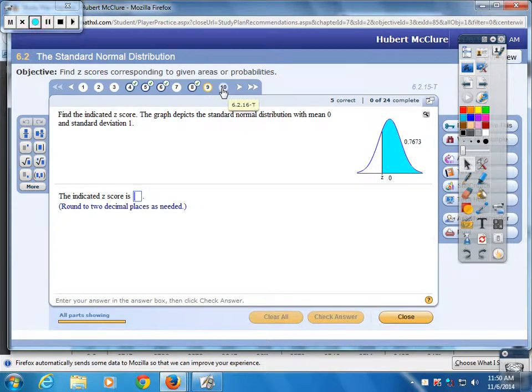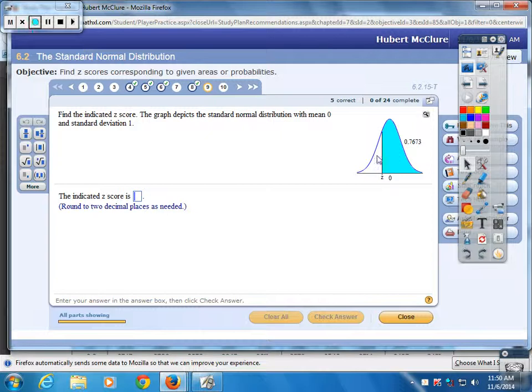All right, look at this one. This one gives you the right-hand side. So you need to find the z-score that corresponds to that mark. But you can't find the right-hand side area. What's the only area you can find? The left-hand side.